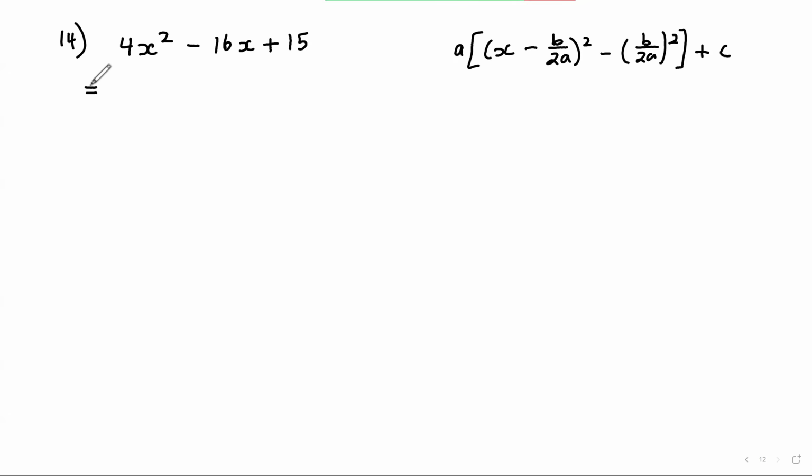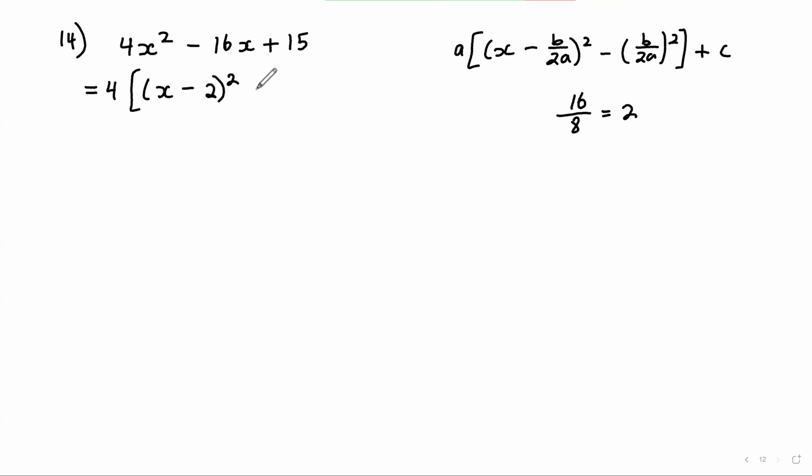What number goes on the outside of the square brackets? 4. And then what goes inside? x minus 16 over 8. Yeah, and can we simplify 16 over 8? I think so. Simplify it for me. 2. Yeah, that's right. So this will just end up being x minus 2.